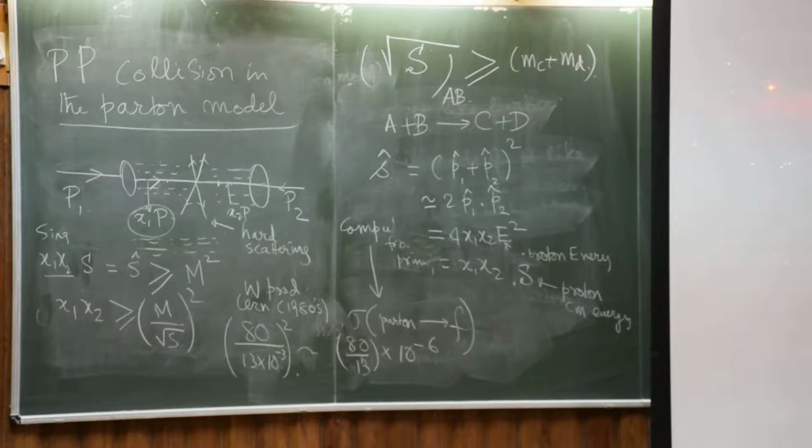Which means that the colliding quarks are very likely to be coming from the sea, and it has to be, because it is a proton-proton collision. Protons do not have an antiquark.